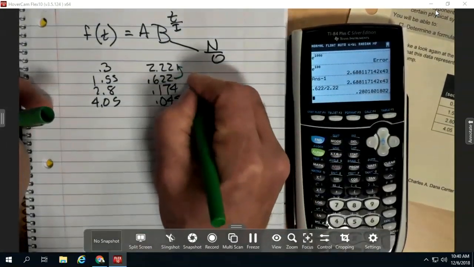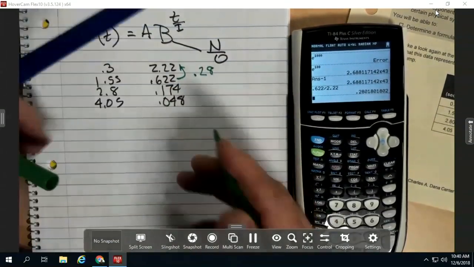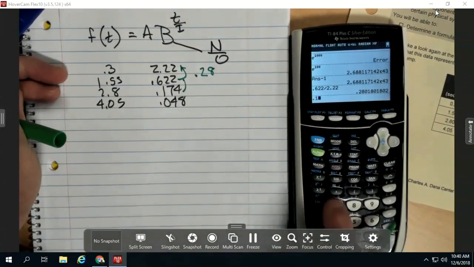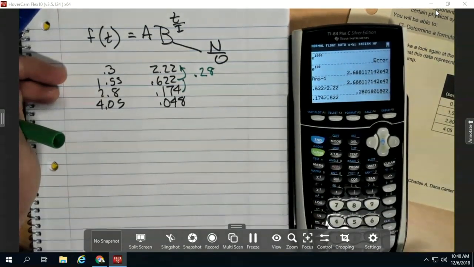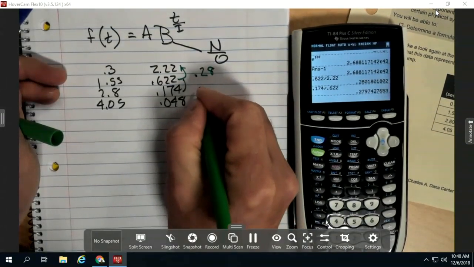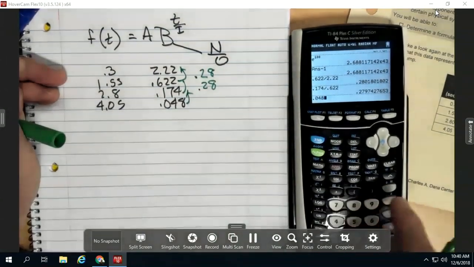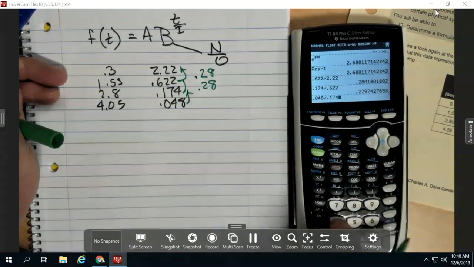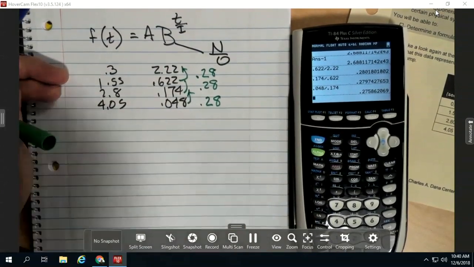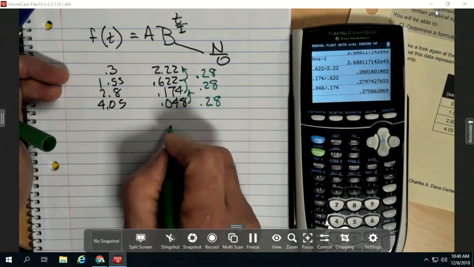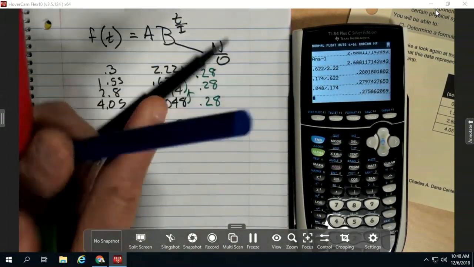We get 0.28. Next one, 0.174 divided by 0.622. We get 0.28. 0.048 divided by 0.174, we get 0.28. So we're going to take 0.28 to the t.